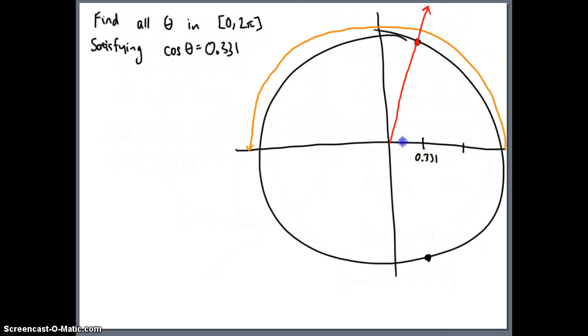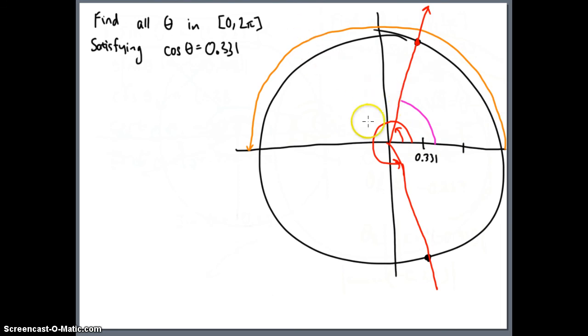This is one of the angles we'd like to find, and the other angle we'd like to find, since we're looking between 0 and 2 pi, is that one. Cosine inverse will give us the solution that's between 0 and pi, so cosine inverse is going to give us this angle.